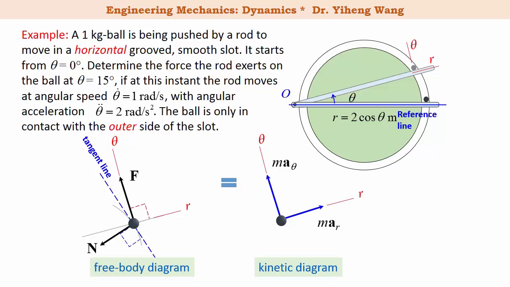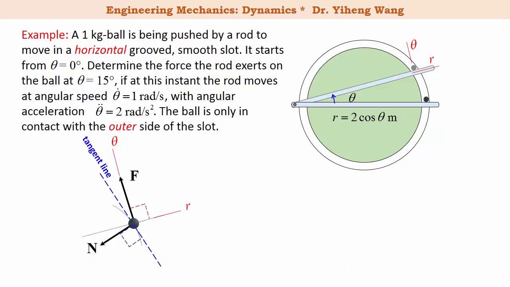Now, before we can write our equation of motion, we need to find out the direction of the normal force so that we can resolve it into the corresponding r and theta components. Remember, the angle made by the positive radial direction and the tangent line, psi, can be evaluated by this equation.